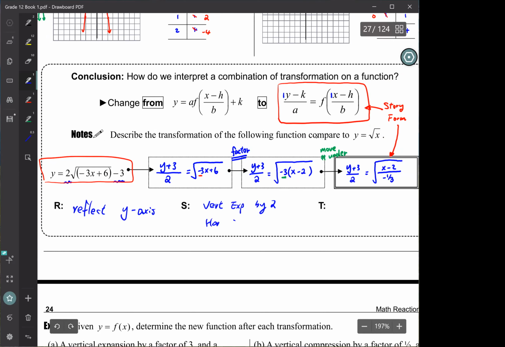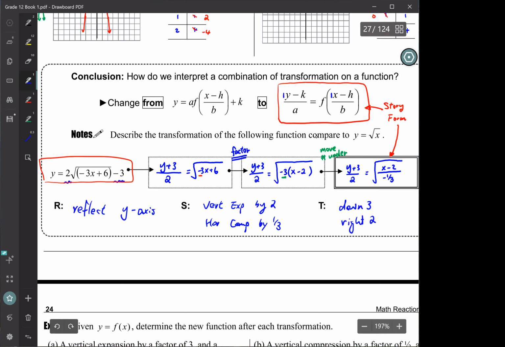Okay, horizontal compress by 1/3. Very good. Now translate. Cindy? Translate down by 3 and translate right by 2. And then which way by 2? Right 2. Okay, very good.